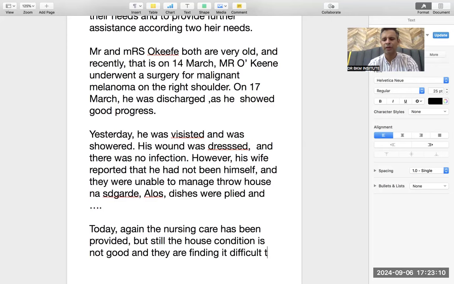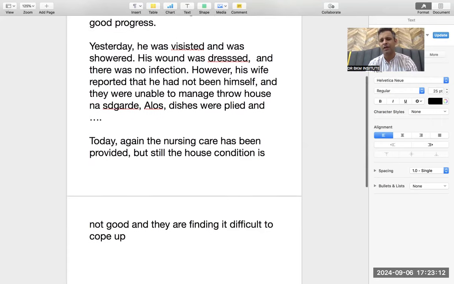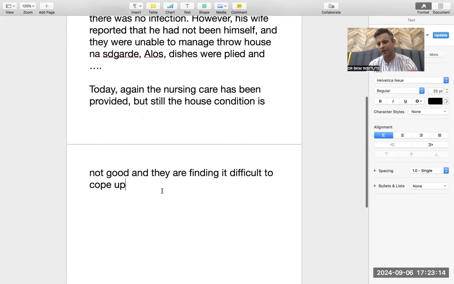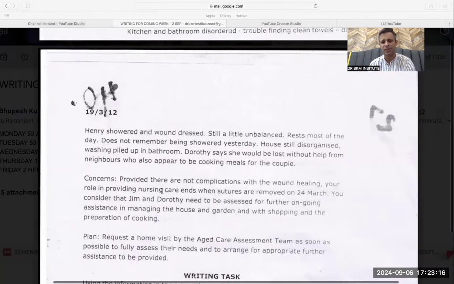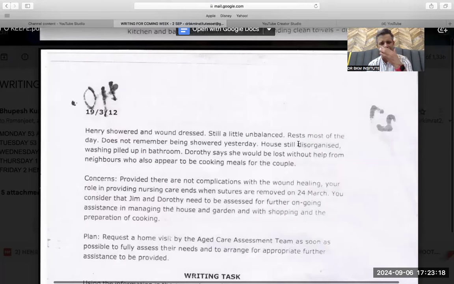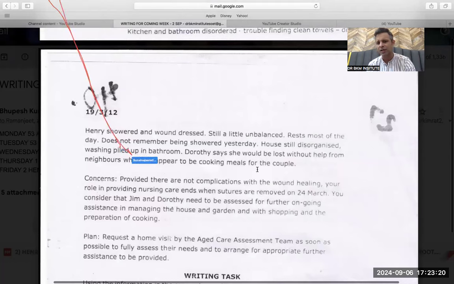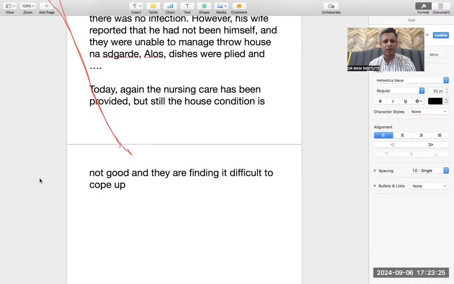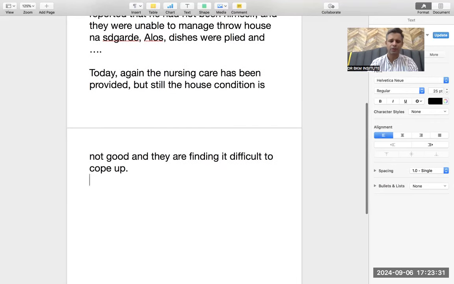So you don't have to write everything. The better form is that you write yourself. In a way, obviously, you have to consider these words. You can pick up words like house is still disorganized. Dorothy says she would be lost without the help of the neighbors. So you can write all these things. But yeah, I'm trying to shorten it. So they are finding it difficult to cope.